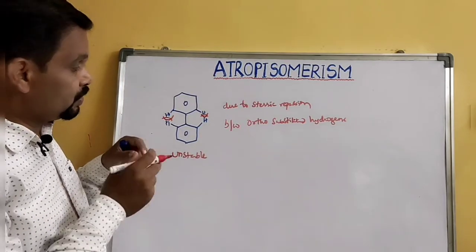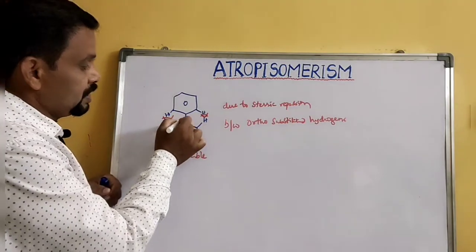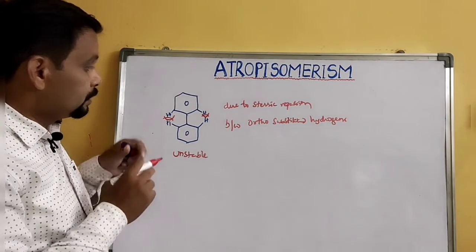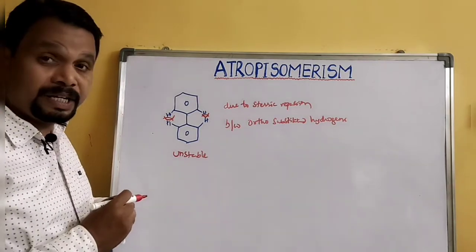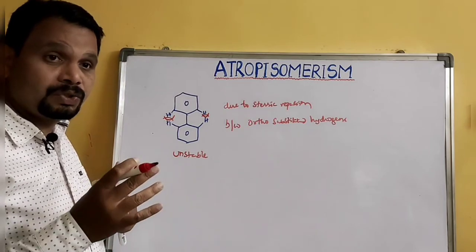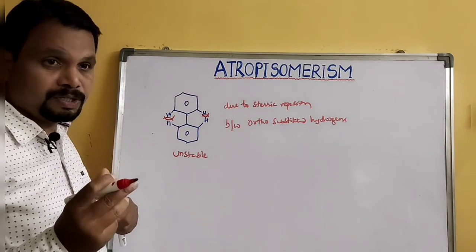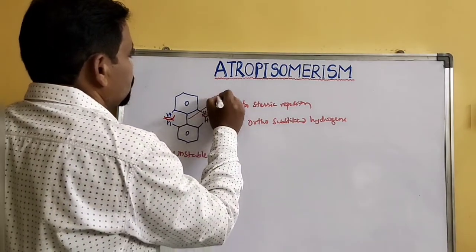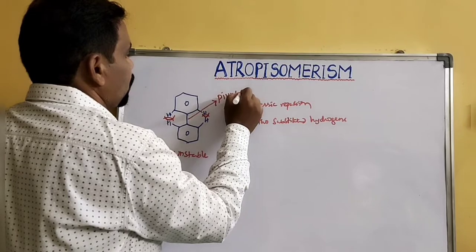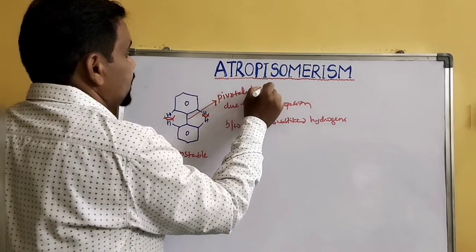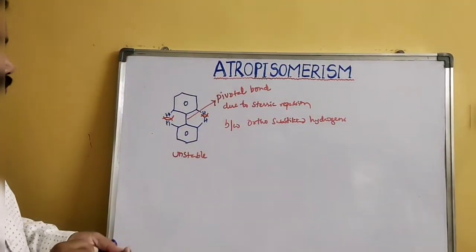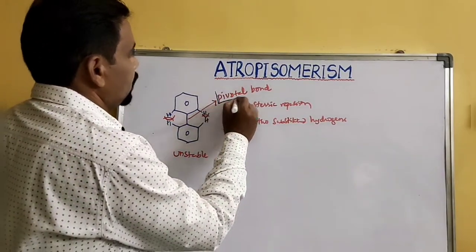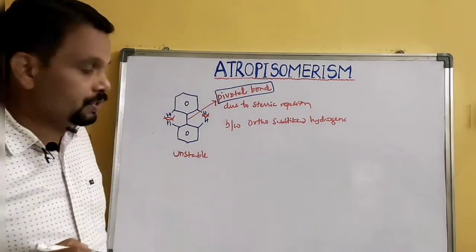Because of this rotation about this C-C single bond, the biphenyl system is converted to stable conformers. What is a pivotal bond? A single bond between two phenyl ring systems is known as the pivotal bond.